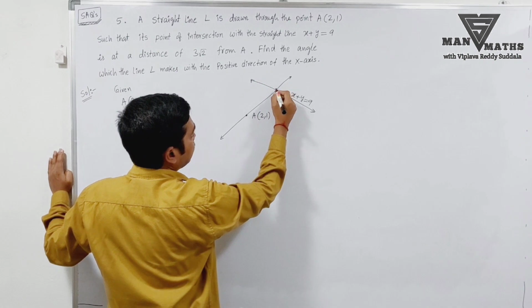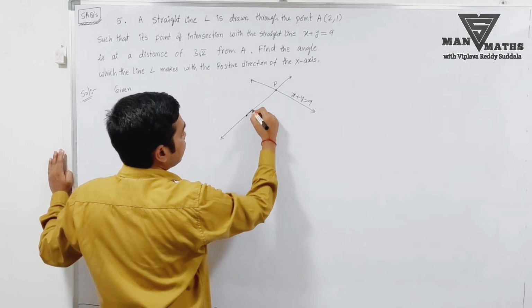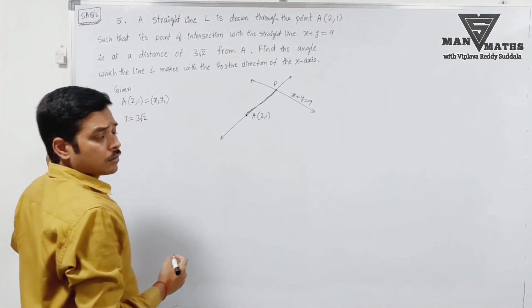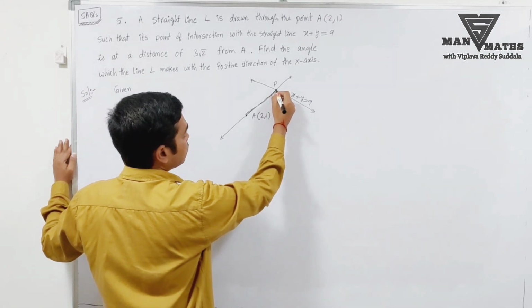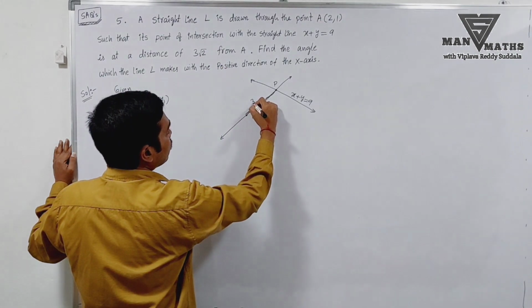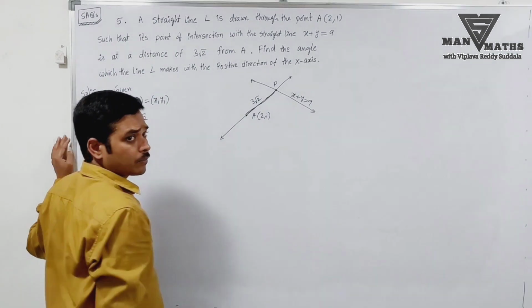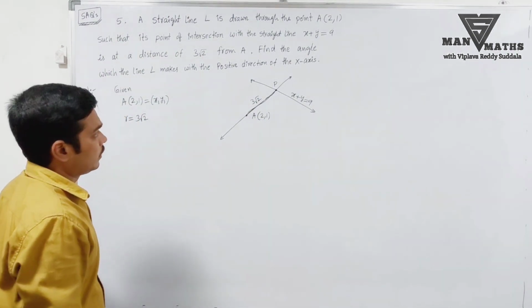Both are intersecting at one point, for example, the point P. The distance from the given point to P, the point of intersection of these two lines, is 3√2. The point of intersection is 3√2 away from the given point.